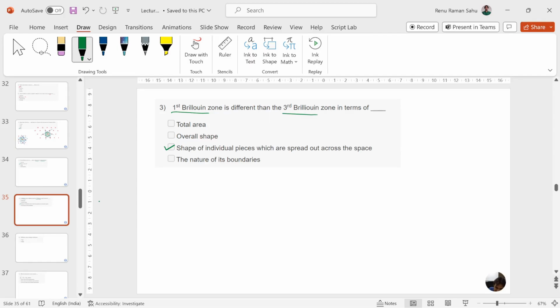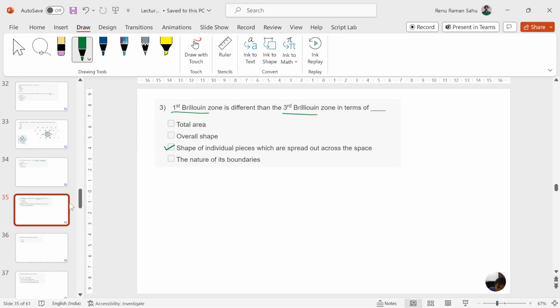The area is the same. The overall shape, I think what they mean is when you collect them together, you can overlap them onto a square. But this is for sure true: the shape of individual pieces which are spread out across the space is different.